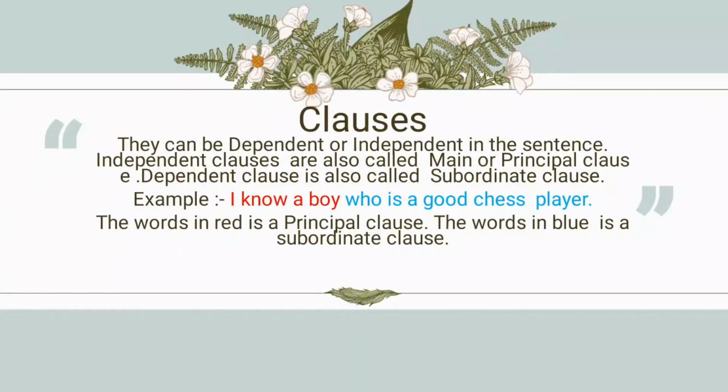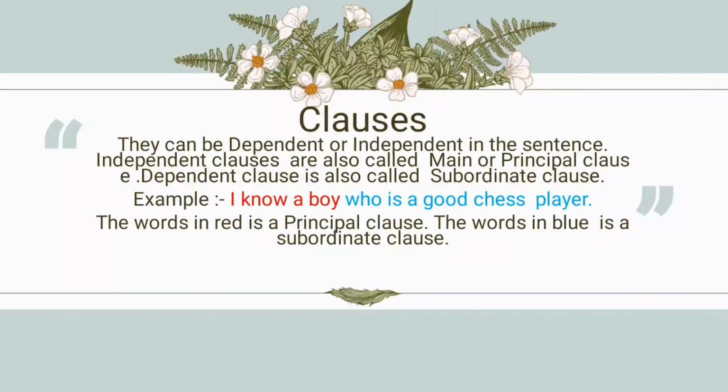Generally, in a sentence, one part is the independent or main part of the sentence, and another part is the dependent or subordinate clause, we can say. A dependent clause is also called a subordinate clause because it is incomplete on its own. It needs the help of the main clause for the completion of its sense.